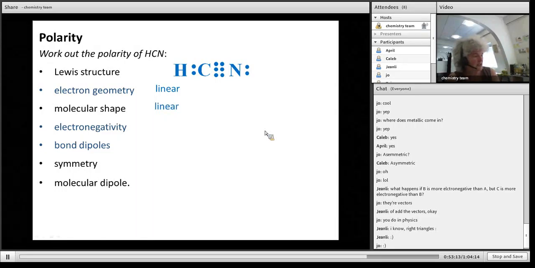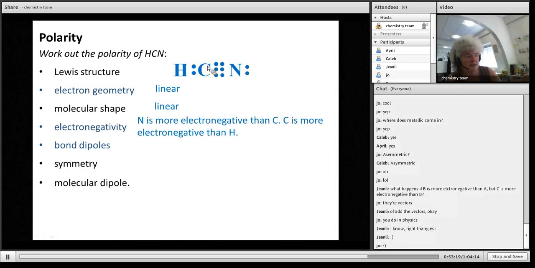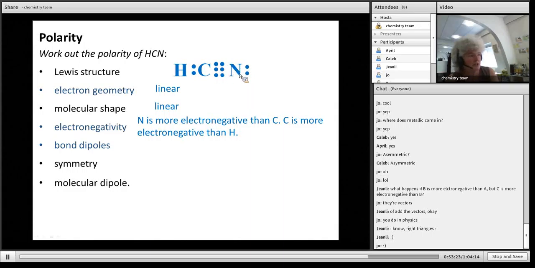Well, let's go down to the electronegativity. You should know from the periodic table that nitrogen is to the right, so nitrogen is more electronegative than carbon. Hopefully you remember that. You are given a periodic table if you can't quite remember, so just have a look at that. There is a trend that this one is more electronegative than this one, than that.